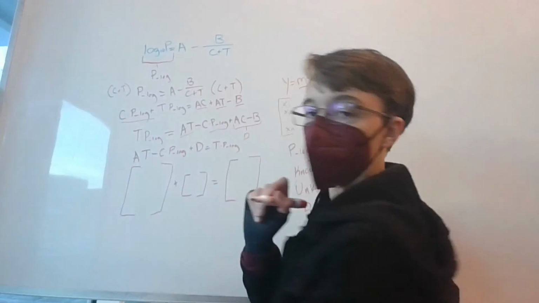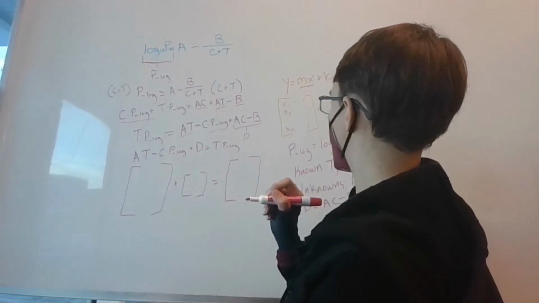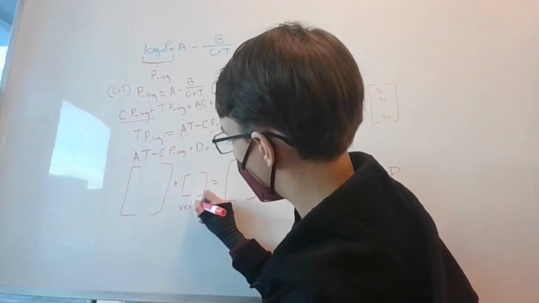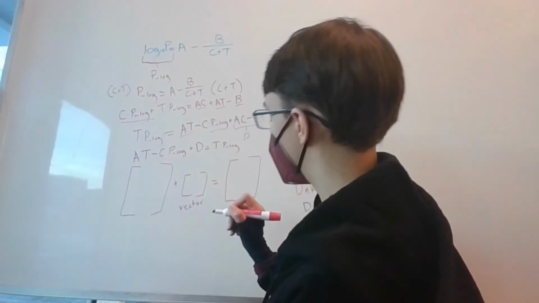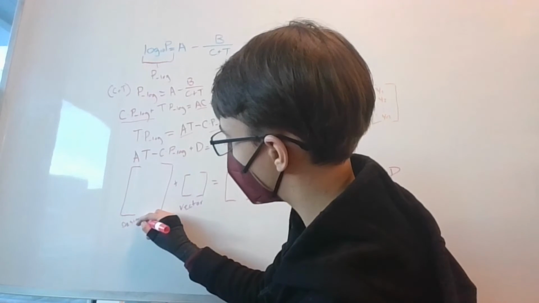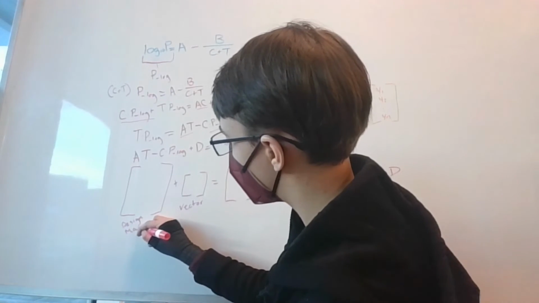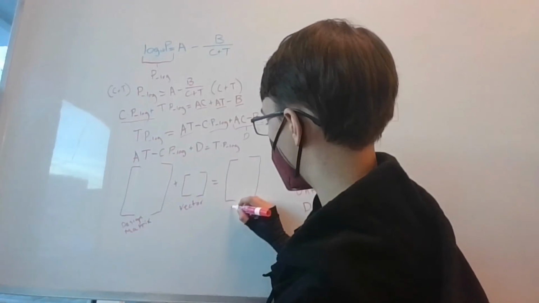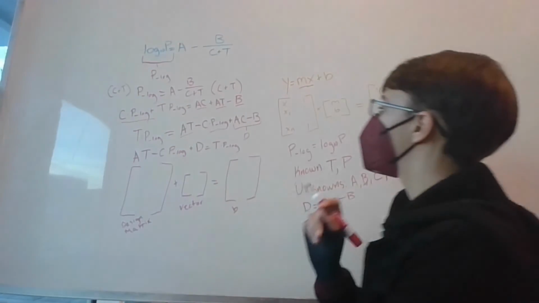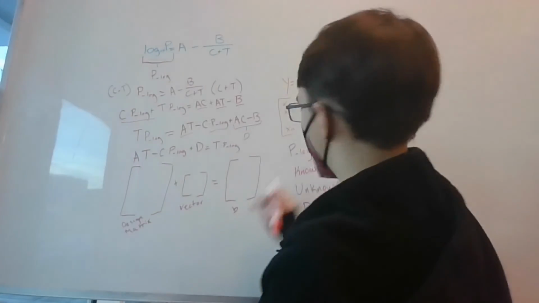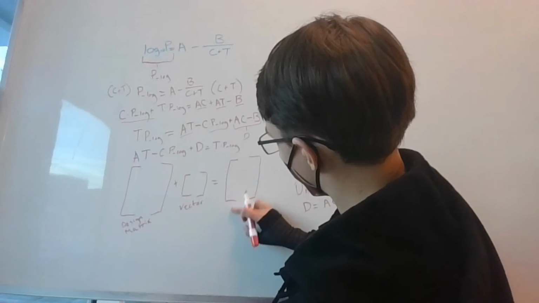Alright, so the small matrix we can call our vector. This one is our design matrix. And this one we can just call lowercase b. Or no, that gets confusing, so we're going to call it something else.